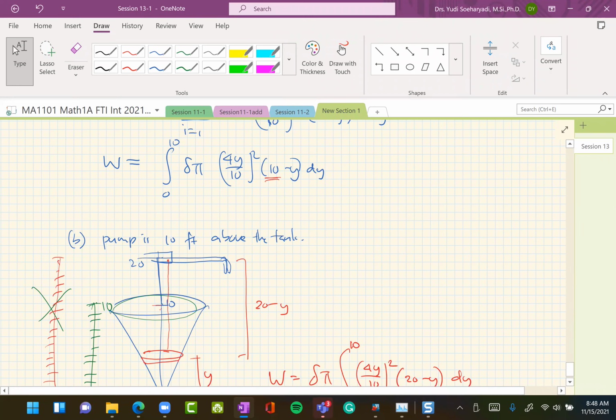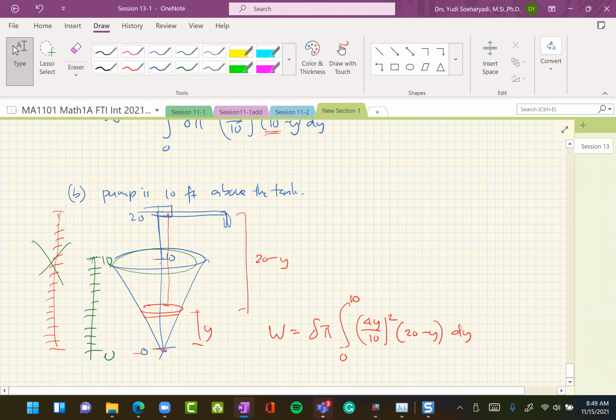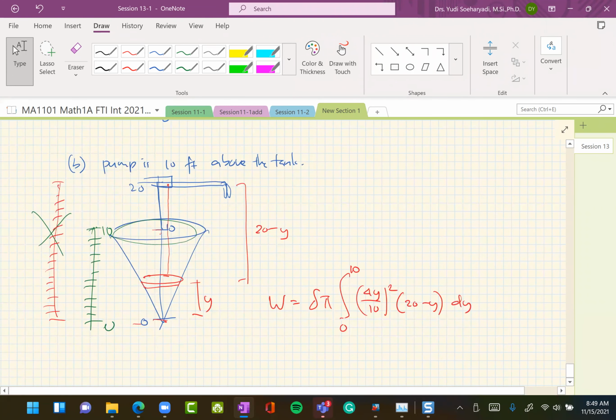Okay, I guess I'll stop here. Kak Kemal will discuss with you the problems from this chapter, mostly on how to revolve things: volumes of revolution, solids of revolution, work, center of mass.